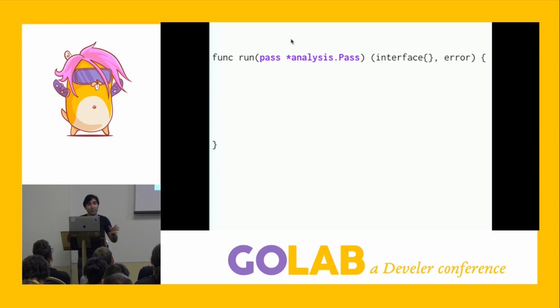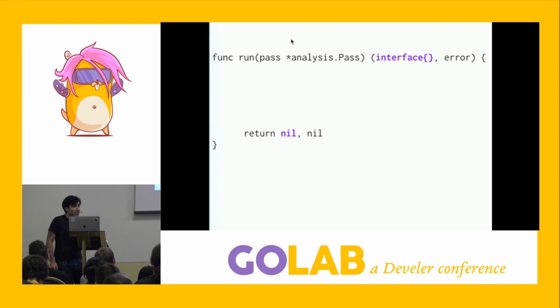So it's where we do everything with the analysis package. Each analyzer can return a value that's used by other analyzers that depend on it. In this case, our analyzer is not returning values to be used by other analyzers. It just returns diagnostics that are looked at by users. So we're just going to return nil.